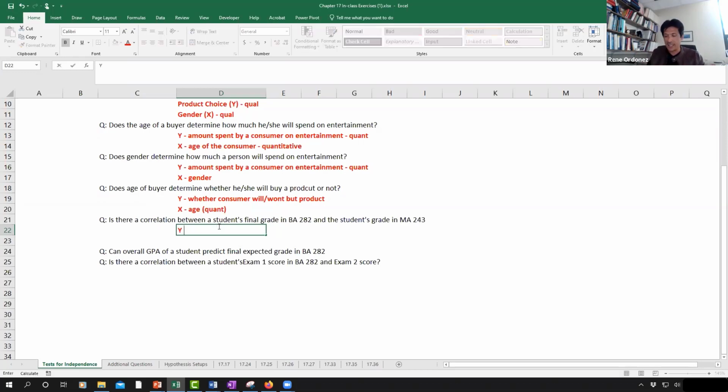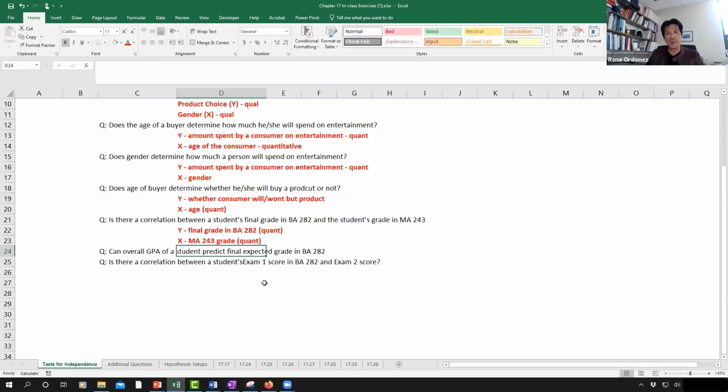So the variable of interest here is the final grade in BA 282, which is quantitative, and the independent variable is the Math 243 grade, which is also quantitative.